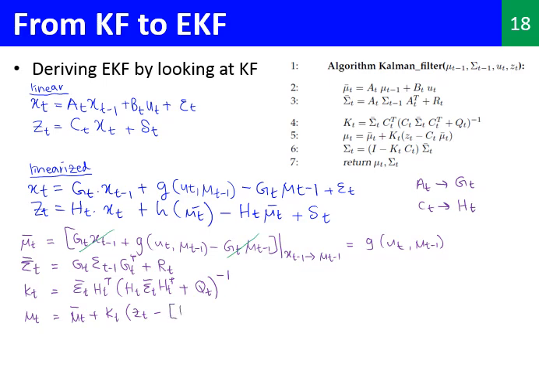So we have h of mu t bar plus H t x t minus H t mu t bar, which should be evaluated at mu t bar, or we replace x t with mu t bar.